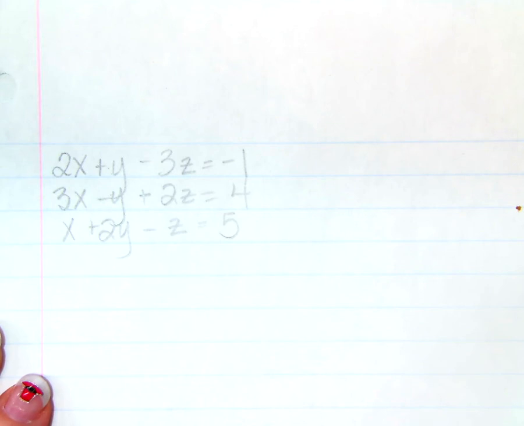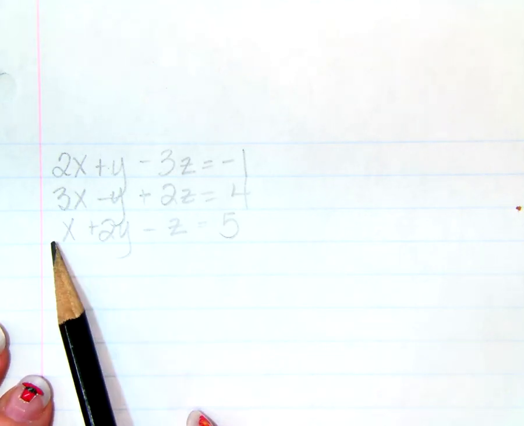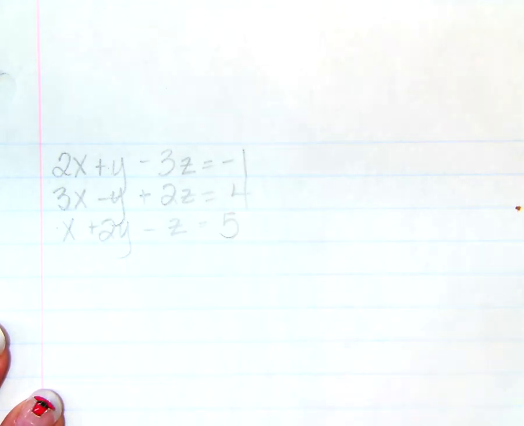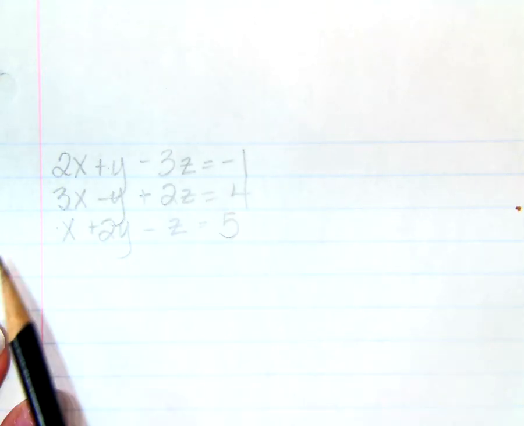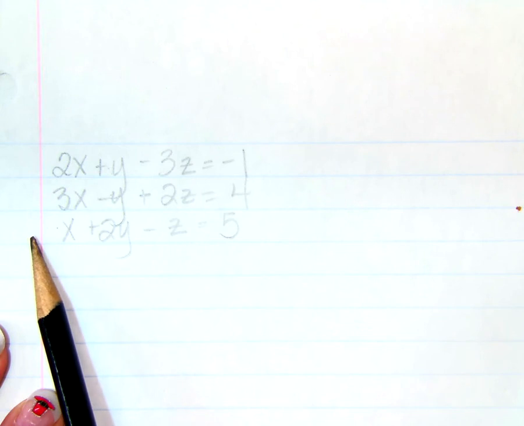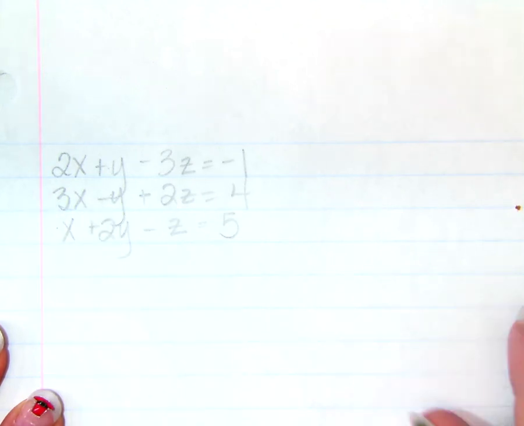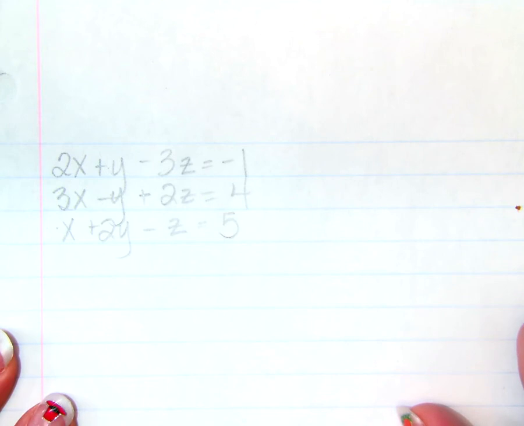Give me the argument. What could you do? Multiply the bottom one by negative 2. Combine it with the top one. That would cancel out the x's. Multiply the bottom one by negative 3. Combine it with the middle one. Cancel out the x's. That wouldn't be too difficult either, would it?